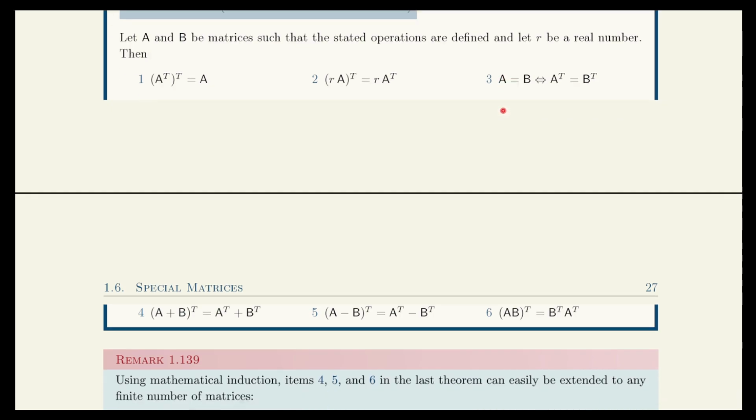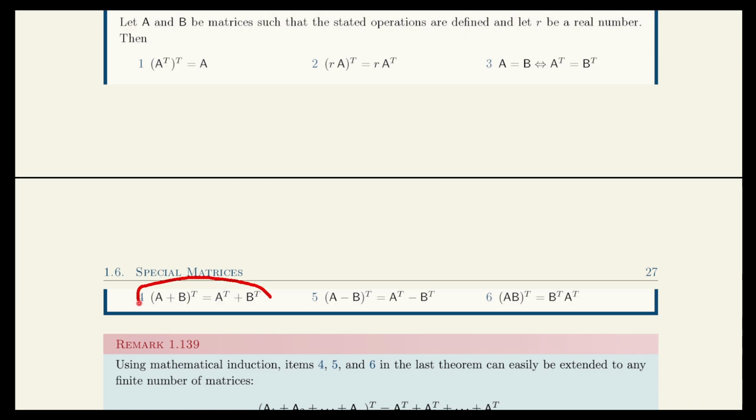Okay, but again, I want one of you to interpret this in words. Because, by the way, this property and this property are called linearity properties. If an operation is linear, satisfying these conditions, it is easier to work with linear operations than with operations that are not linear. Okay, can you interpret this in English?